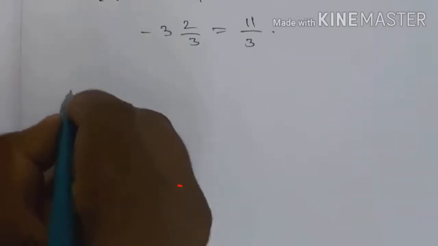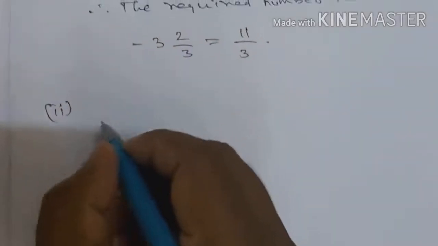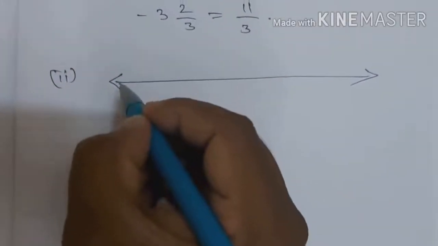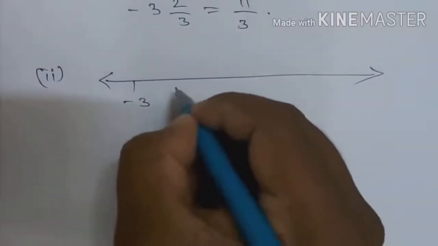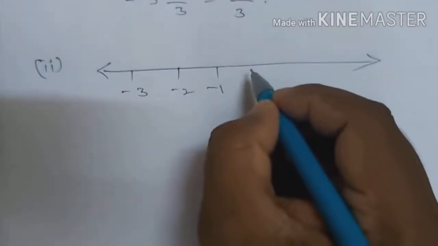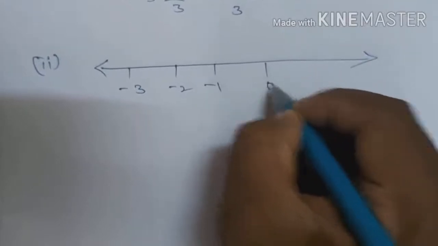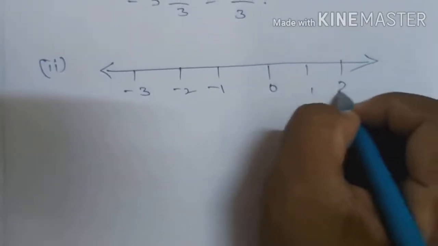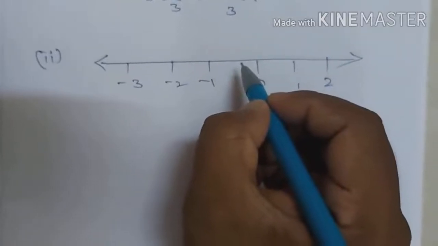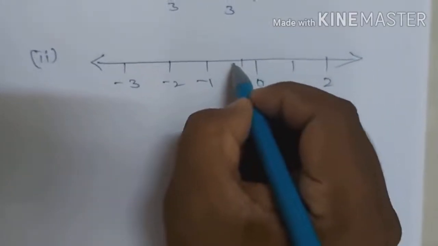Second one, the same as the second sum. In the same manner, check the values minus 1 and 0.